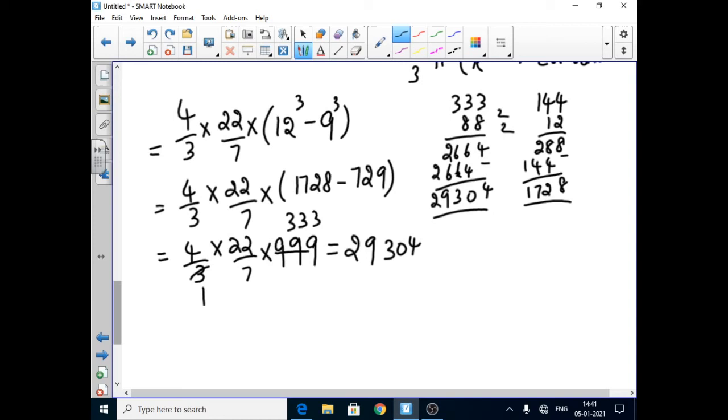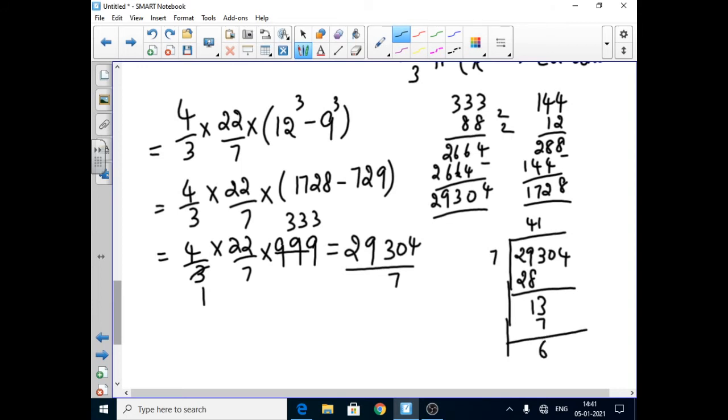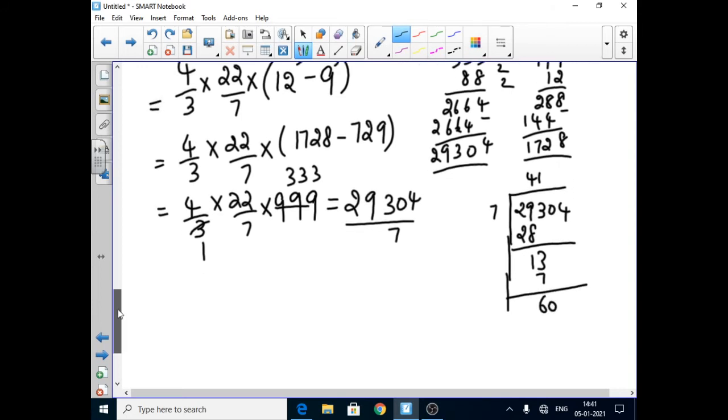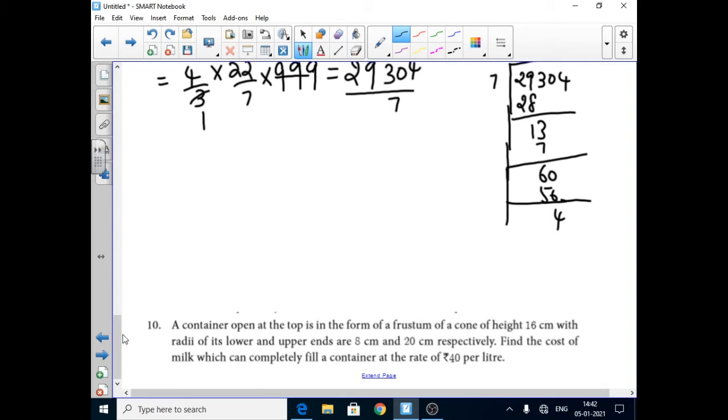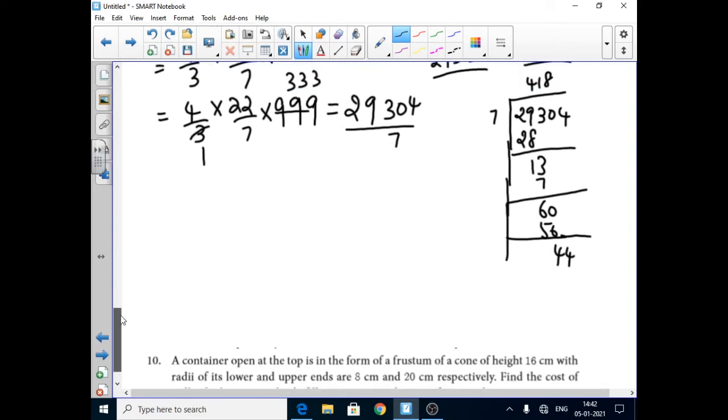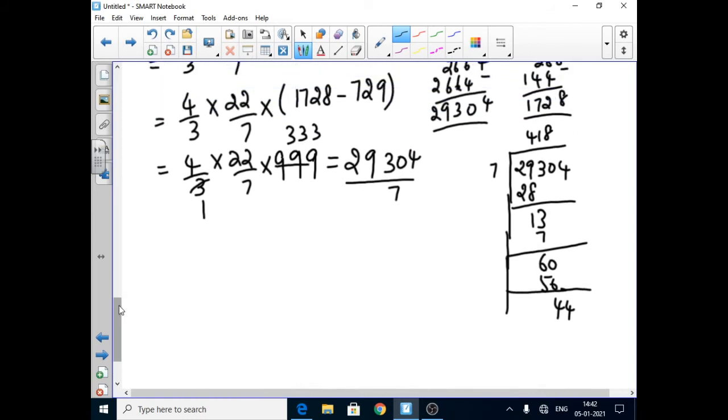So it is equal to 29,304 divided by 7. Do the division here. 29304 divided by 7. 4 7s are 28, 1 7 is 7, 8 7s are 56, and 6 7s are 42, remaining 2.